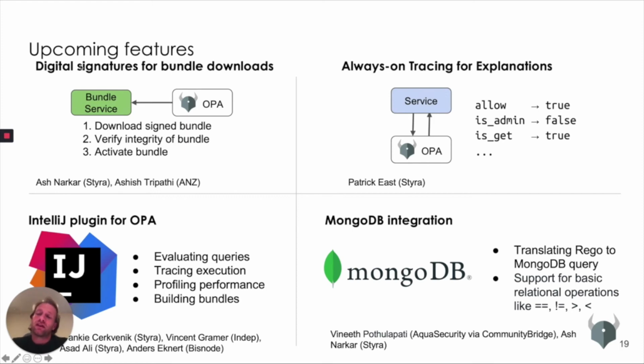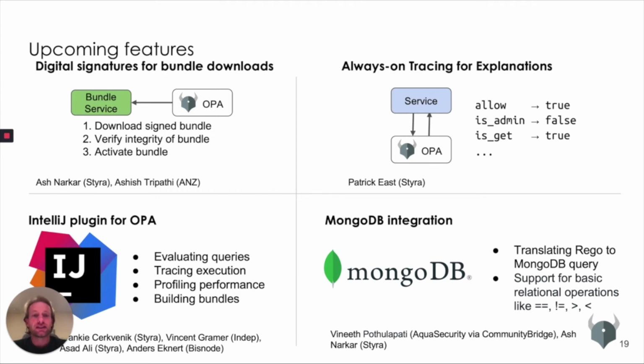So the idea is that when you configure OPA, you can tell it to only activate bundles that have been properly signed, and you can give it all the keys that you need to. And so if OPA downloads a bundle and that bundle has not been properly signed, it will simply refuse to activate it and refuse to use it to do enforcement. So that's pretty powerful when it comes to ensuring the integrity of the bundles and the policies that OPA is enforcing. Thanks to Ash and Ashish for working on that.